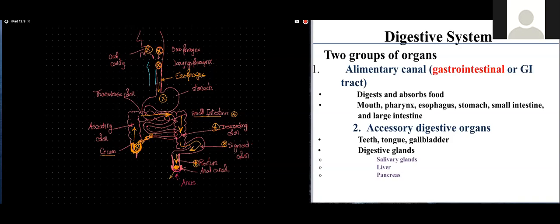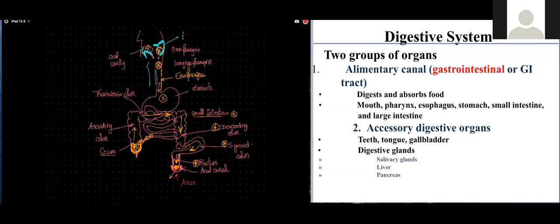Does this mean I'm only fond of those organs? No, you have other accessory digestive organs associated with the tract, other than the gastrointestinal tract. Like what? For example, your teeth, your tongue. That will help you break down the food before you swallow. Also, you're going to have glands, like the salivary glands. We have here 3 pairs of salivary glands.